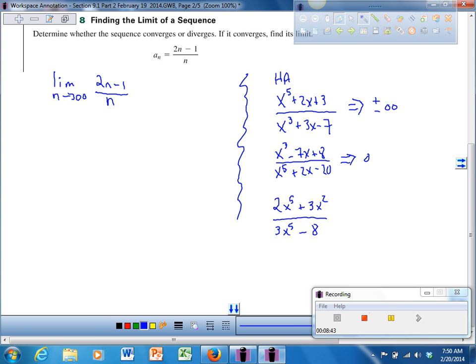So it's going to approach the ratio of the coefficients on the highest powers. So that one will approach 2/3. And we're using the ratio of the coefficients on the highest powers.